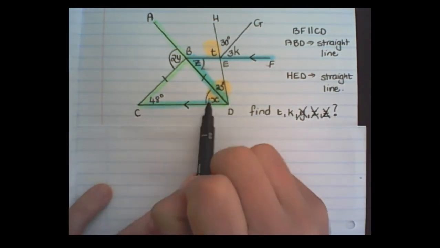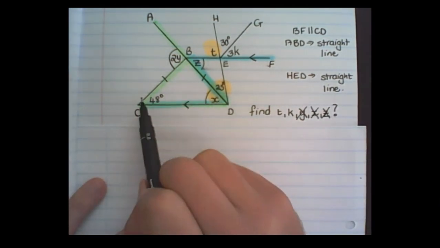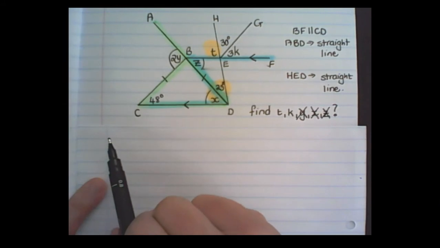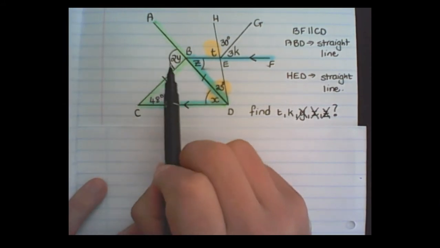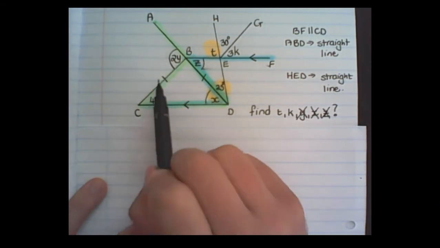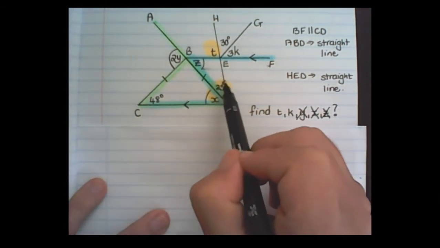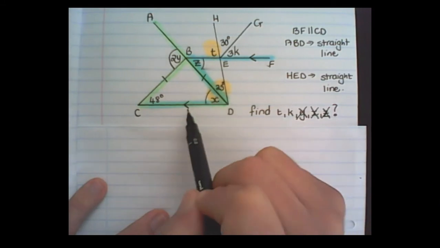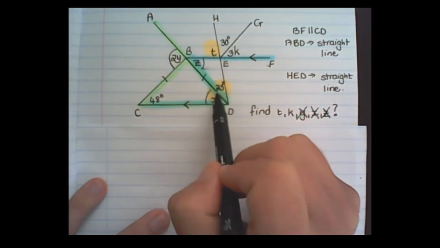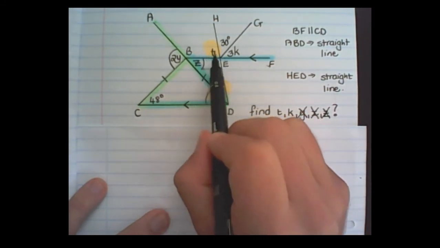So thus far, we have solved x using the properties of an isosceles triangle. We solved 2y as the exterior angle of the triangle. We solved z as alternate angles. And we solved t by combining x and 25 degrees as corresponding angles. Now we can find k.